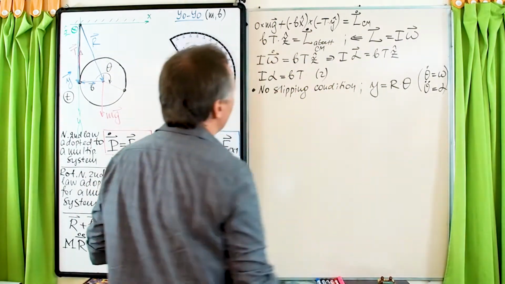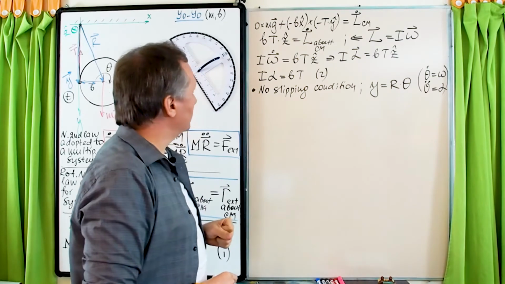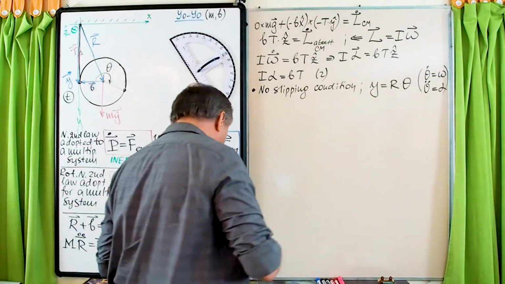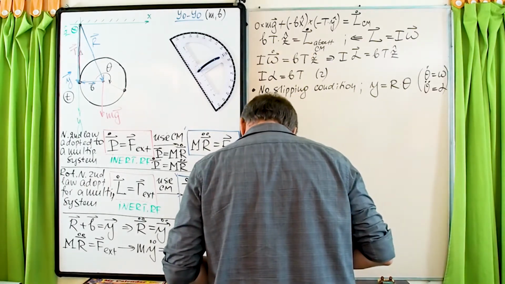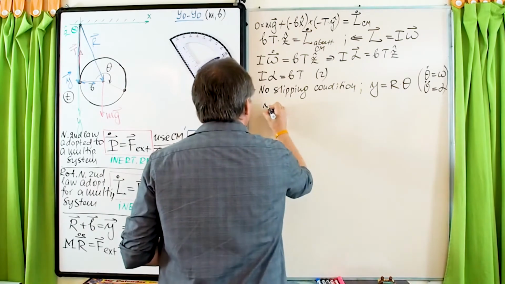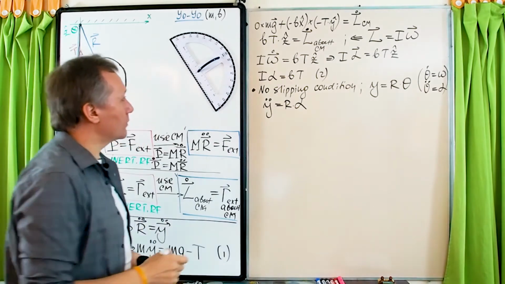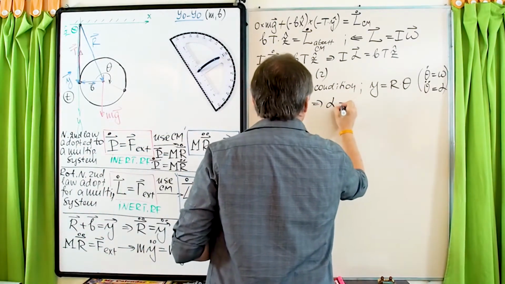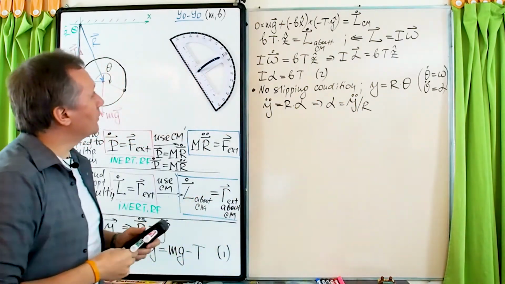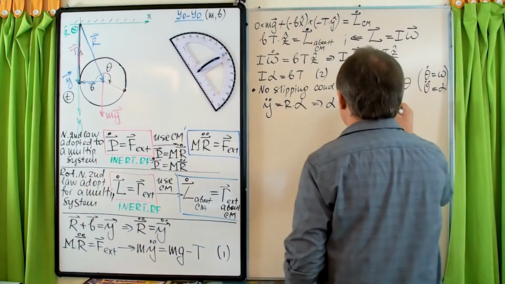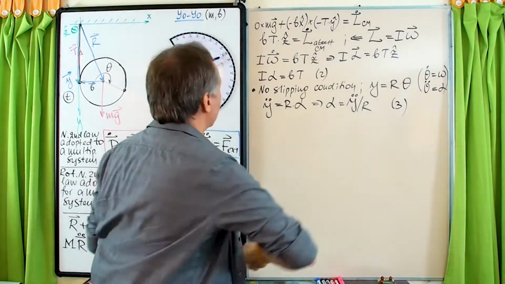And what we need to connect is alpha, the theta double dot. So y double dot equals r alpha. Of course, alpha equals y double dot divided by r. So we can plug it into equation number 2, which effectively is equation number 3, into this one.